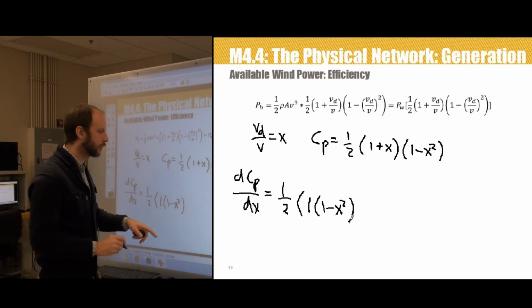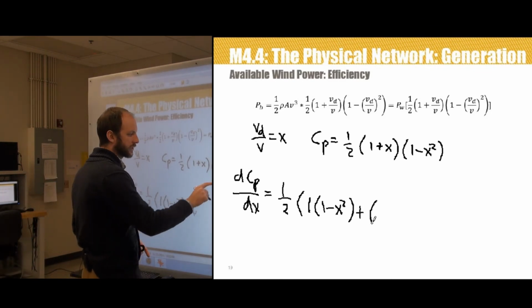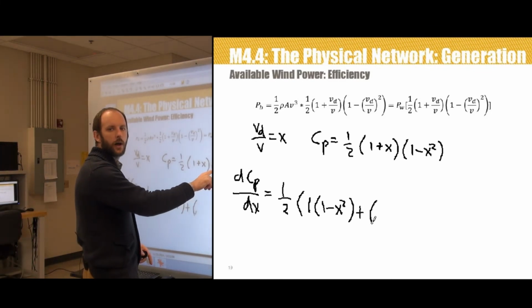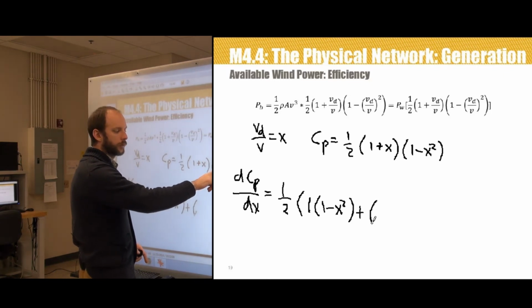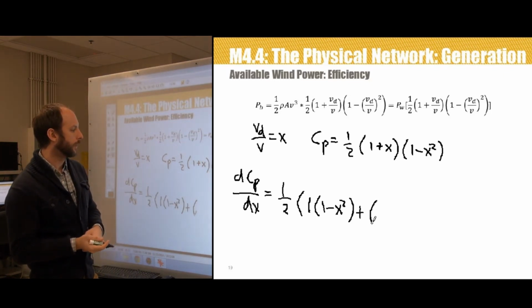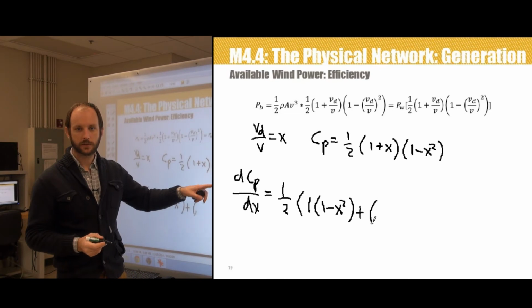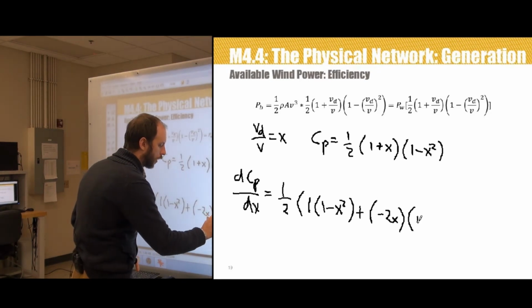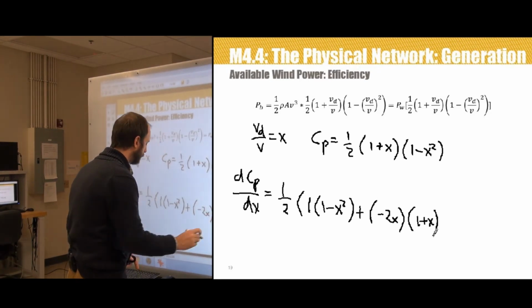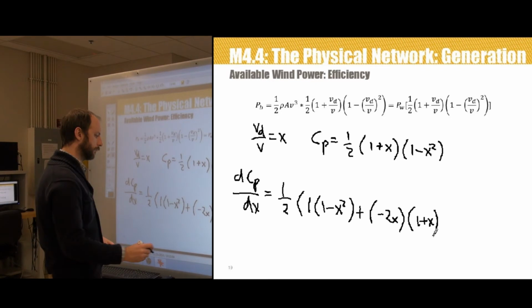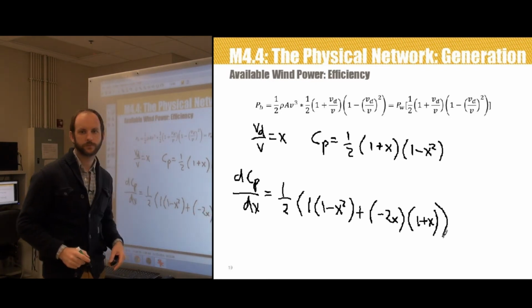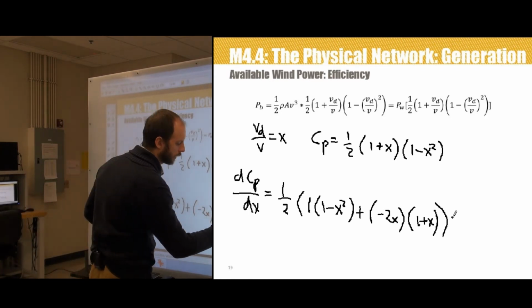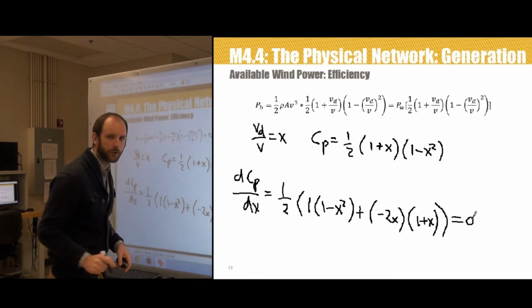Now we need to add to that the derivative of the second, which is minus 2x times the first, which is 1 plus x, right? I set that whole equation equal to 0, and I need to solve for x.